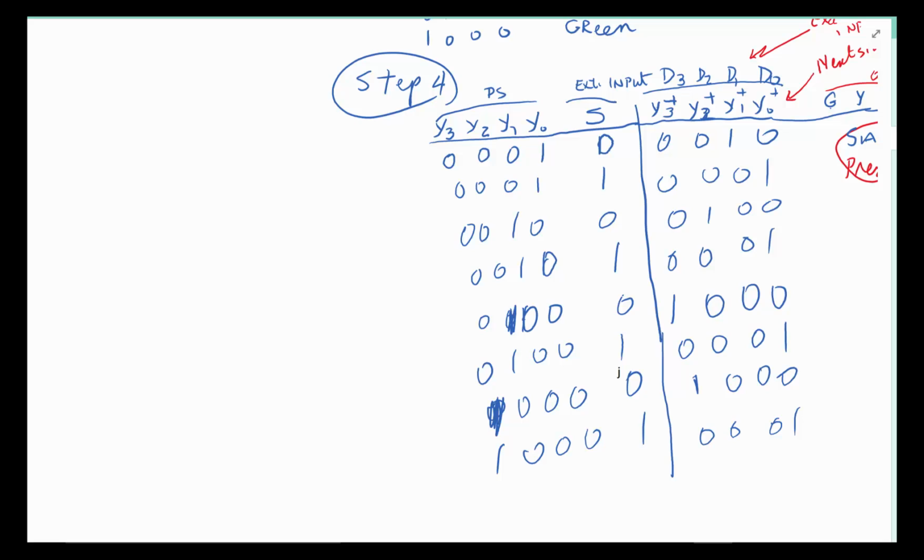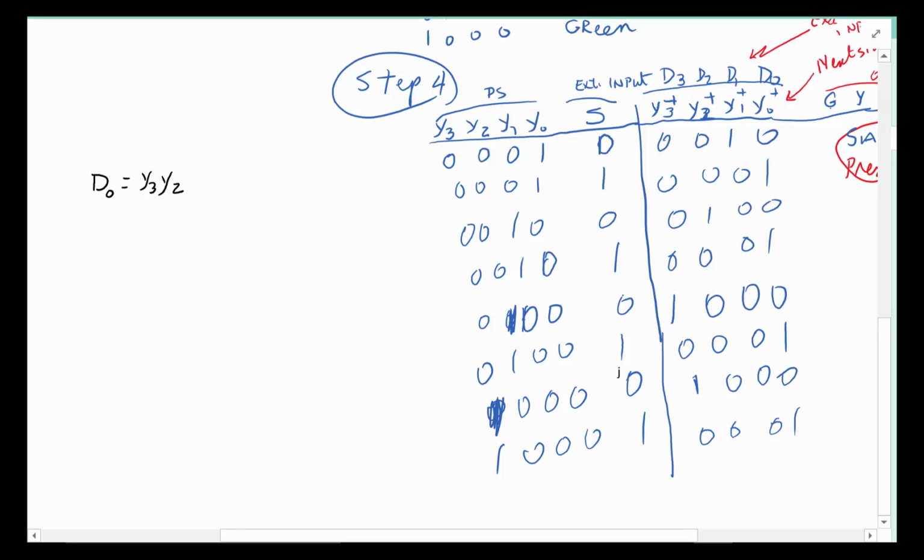What I need is to be able to write the equation for D0. So I'm going to write the equation for D0, just two inputs. I'm either going to have y3, y2.